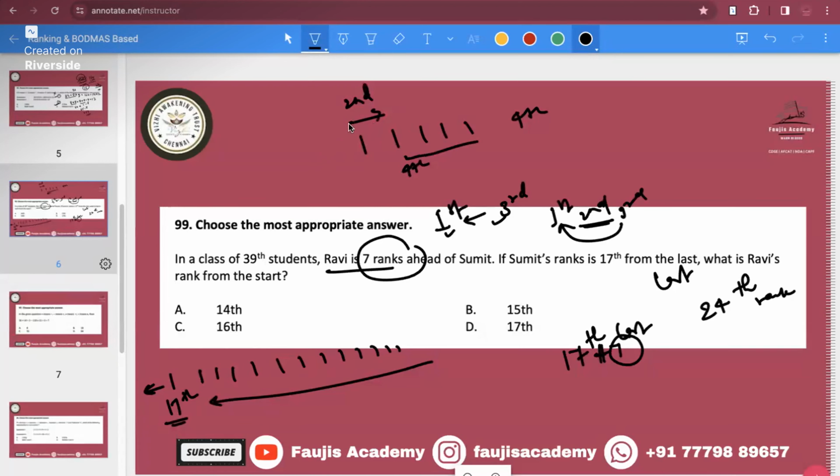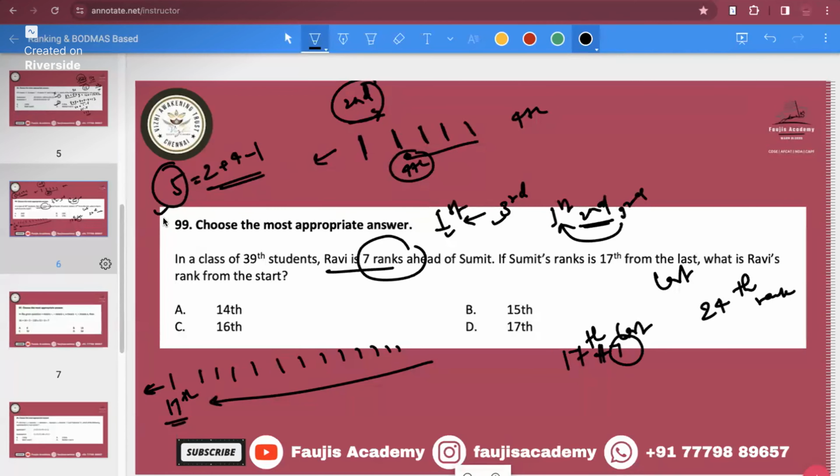So what we observe over here is that there were a total of 5 students, which was equal to somebody's rank from front plus from behind, the addition of it, minus 1. Addition of it and minus 1, which is the total number, right? Are you able to observe it? I'm just assuming that there are only 5 students and deriving it over here. You don't have to remember any formulas. So if somebody is 4th rank from the last, that person is 2nd rank from the top.